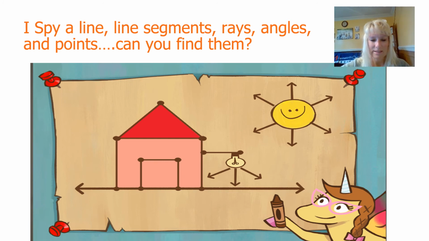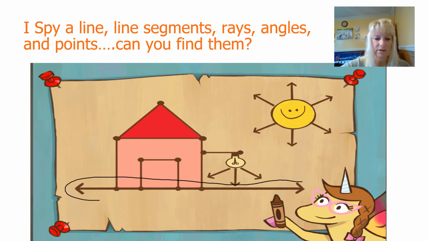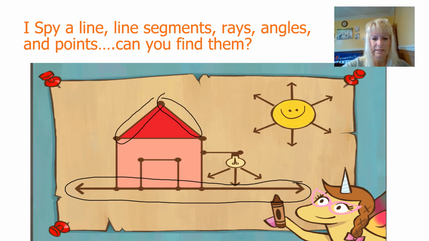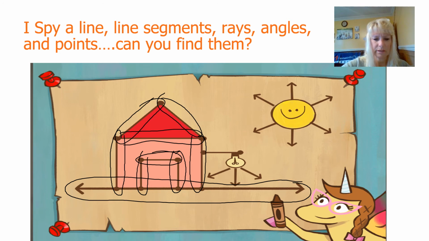Okay, let's see. I'm going to pick black because I think that will help me out. Our line is actually found right there. Some line segments, they are all over the place. We've got a line segment here, here, here, here, lots of line segments.